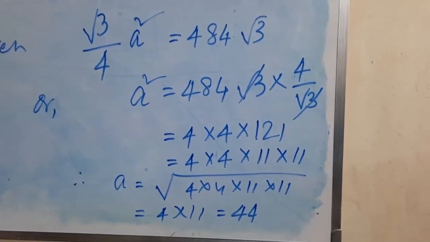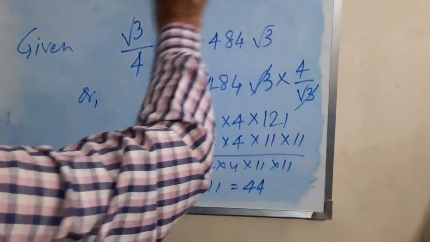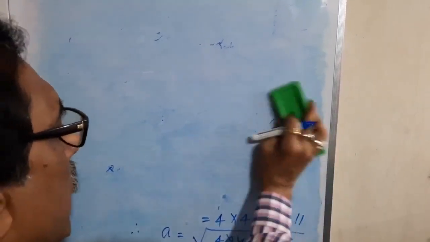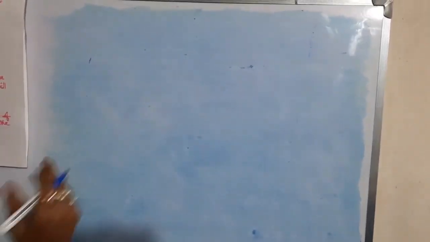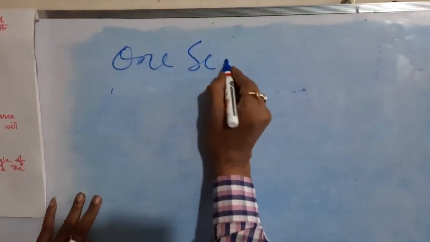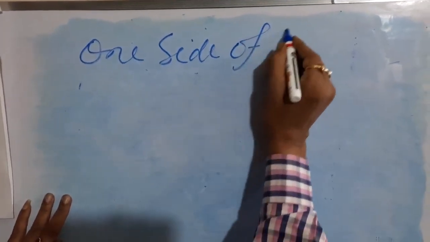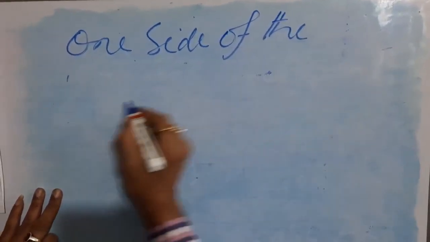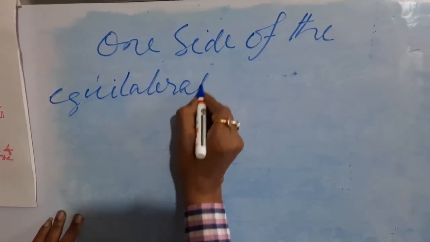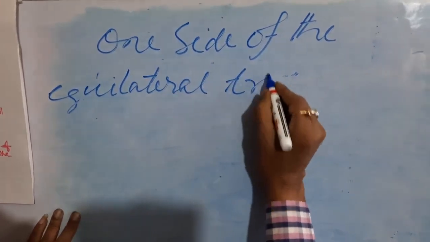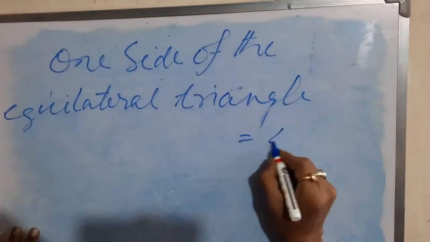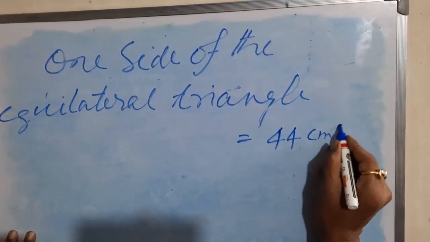So one side of the equilateral triangle is equal to 44 centimeters.